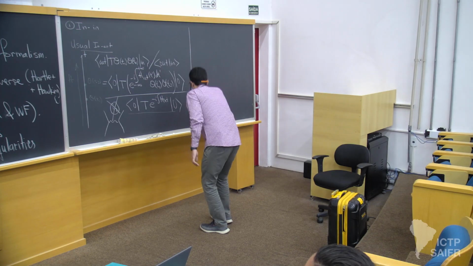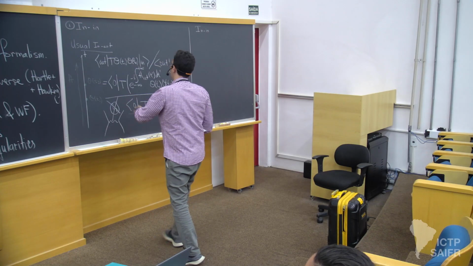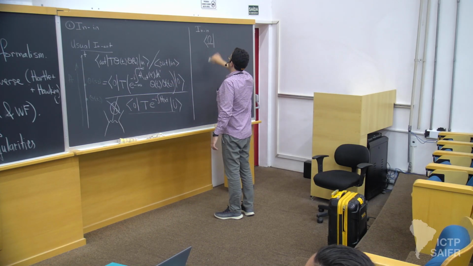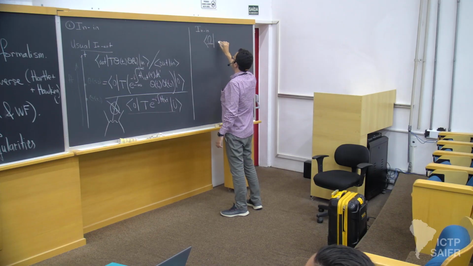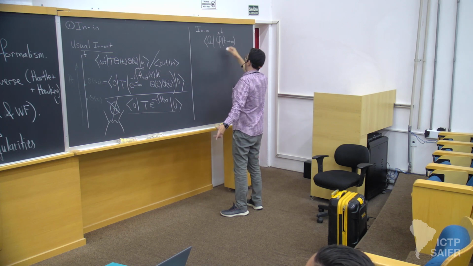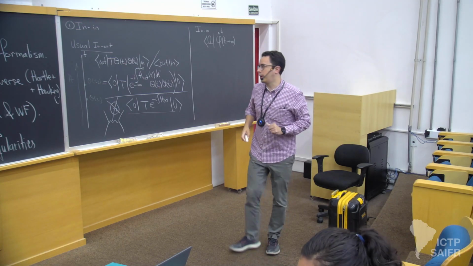In in-in, instead, for us, we are interested in the expectation value in some state of some operators, like say phi to the 4, evaluated at some time t that is towards the end of inflation, for example, t cosmic time going to infinity, or eta going to 0.